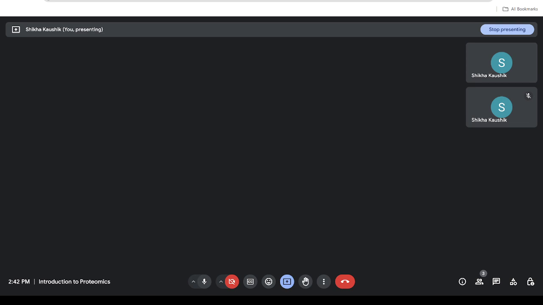Then there is a mass analyzer, where the cation fragments are separated according to their mass to charge ratio. If I'm talking about the mass to charge ratio, as we have just studied, there are some molecules which will not get divided into smaller fragments. So the mass is higher, but they have charges.